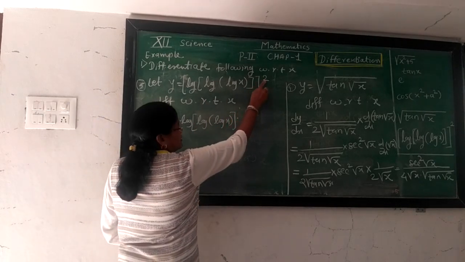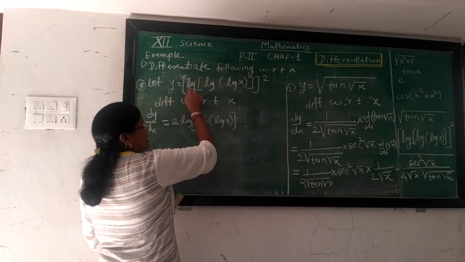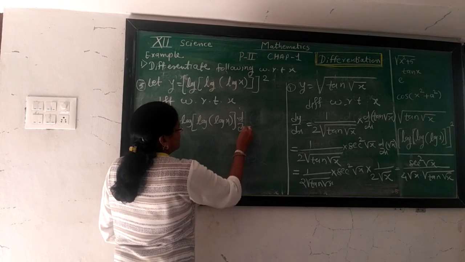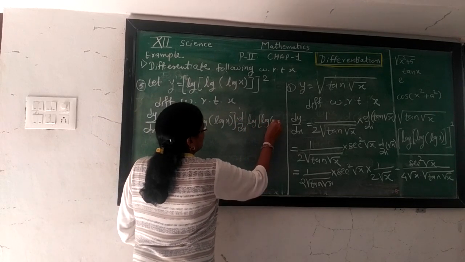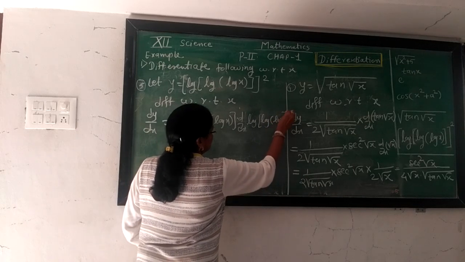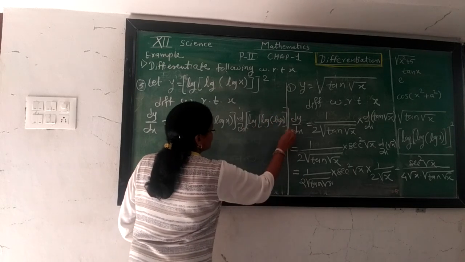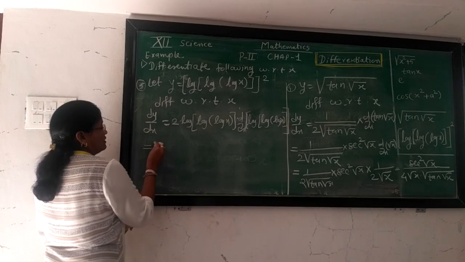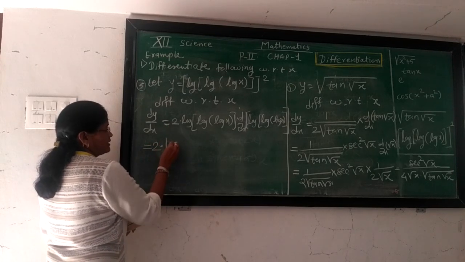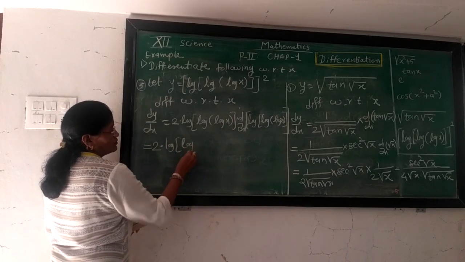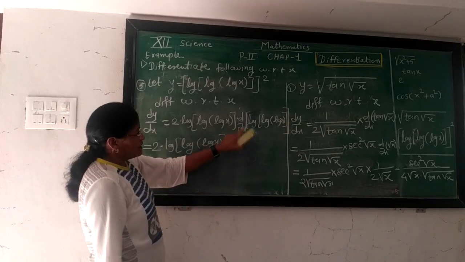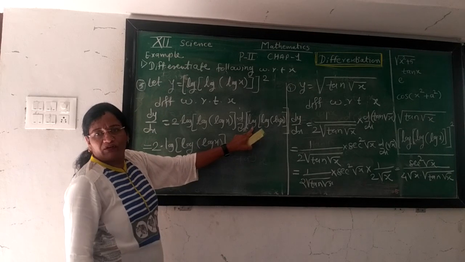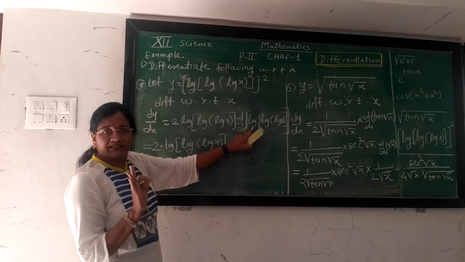Now, after reduction of this power, we take the second function, which is log. So multiply the derivative of log x. So the next step we take 2 times log x. Now the derivative of the first log is here, because the base is not given, so we consider it to be the natural base.